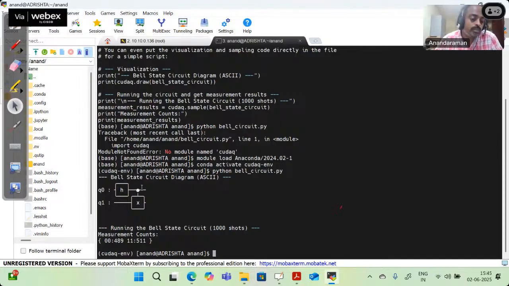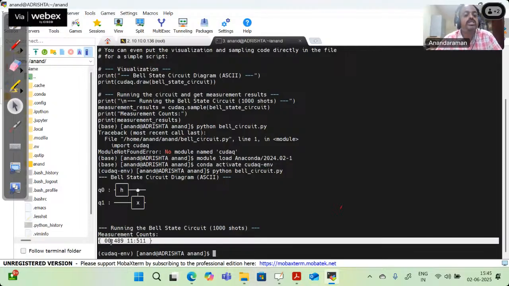Then we are applying the CNOT gate. So this is the Bell state preparation. Here this is the measurement: 2 qubits, and the number of shots is 1000. 489 times we are getting 0, and 511 times we are getting 1.